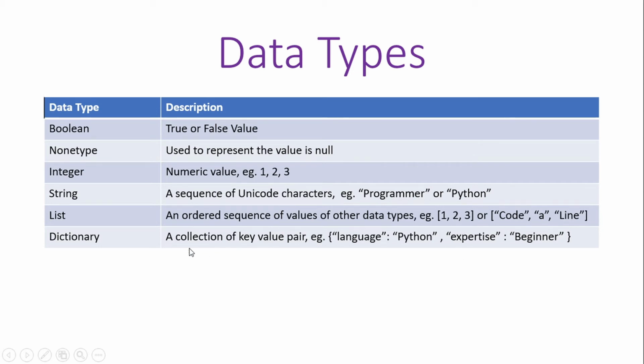Dictionaries are key-value pairs. Like if you call language, Python will be printed. So language is the key, then a colon, then the value of the key, and a key is always unique. Okay, let's move on to the next topic, which is dynamic typing.